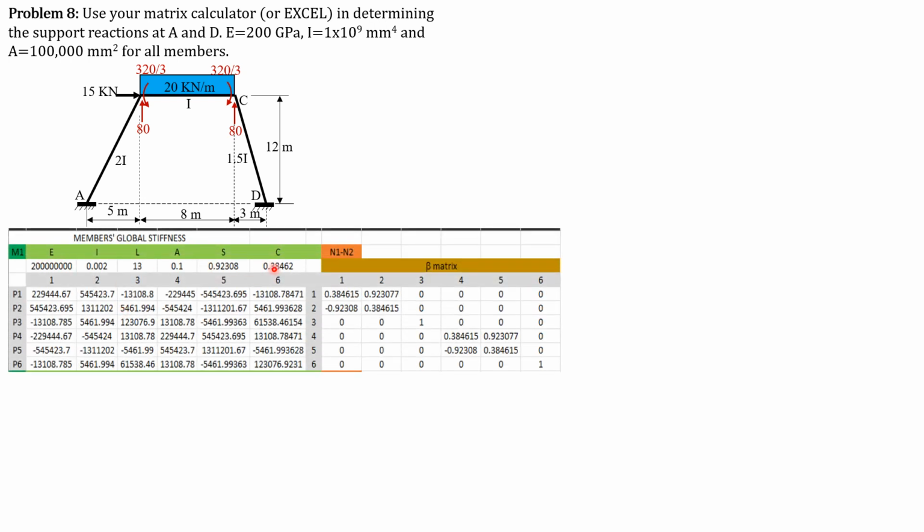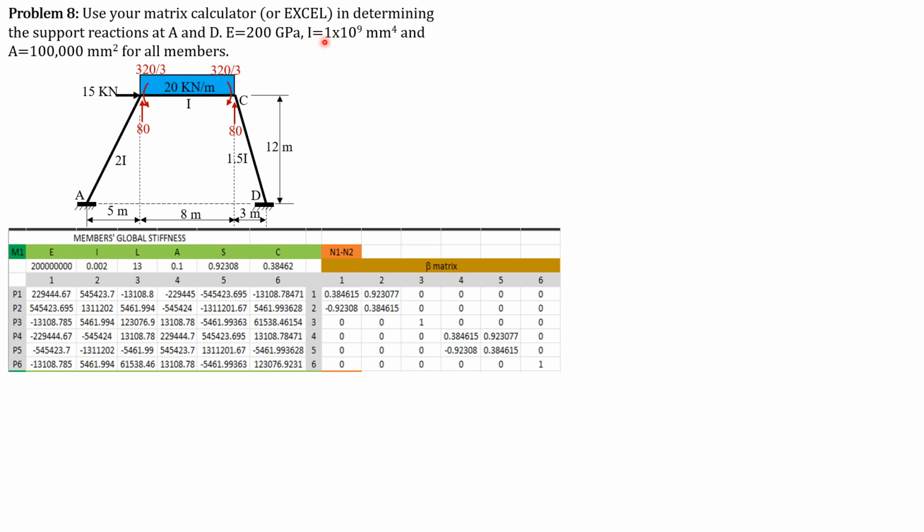So this is the generated member global stiffness for member AB, which is node 1. A, B, C, and D are denoted with nodes 1, 2, 3, 4 respectively. So with member 1, the modulus of elasticity E is 200 times 10 to the 6 kilopascals.